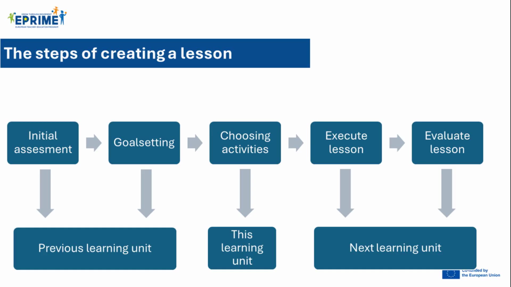Remember, every lesson should follow this process. Even if you don't prepare a lesson on paper, always start by thinking about Steps 1 and 2 before selecting your activities. This ensures your lessons are purposeful and tailored to the needs of your group. The upcoming module will cover Step 4, Executing Lessons, and Step 5, Evaluating Lessons, completing the process to ensure your PE lessons are both fun and effective.